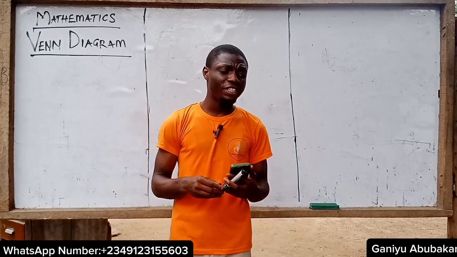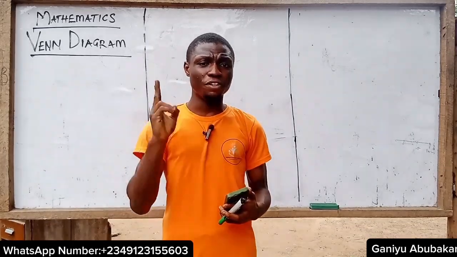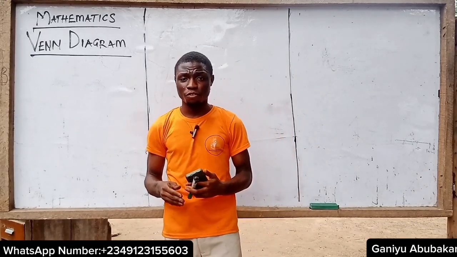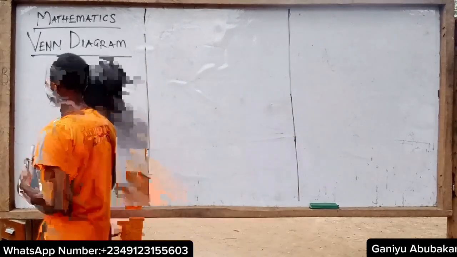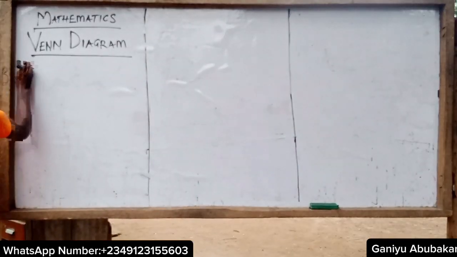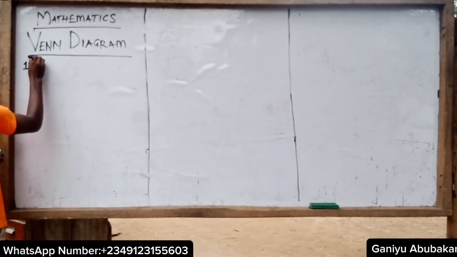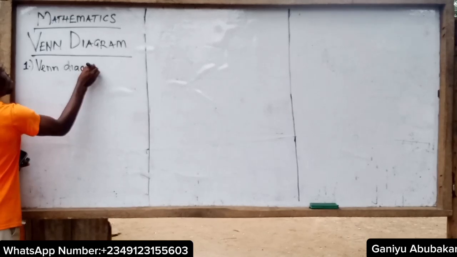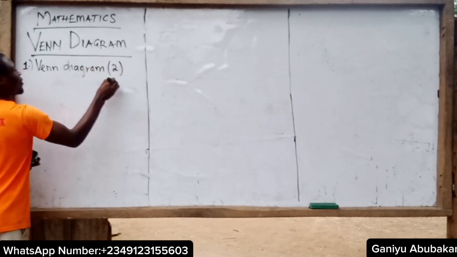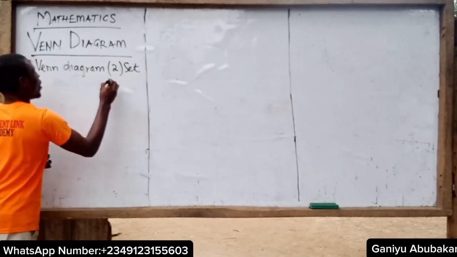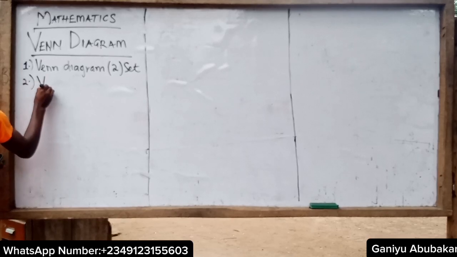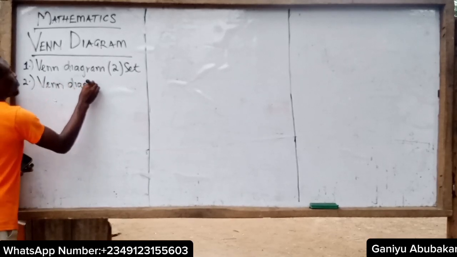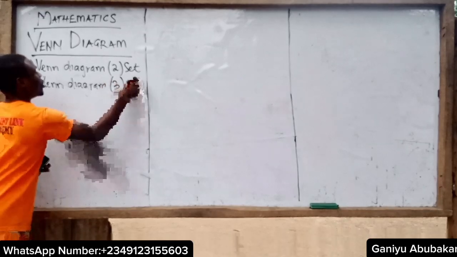When it comes to the study of Venn diagram, there are two types: the Venn diagram for two sets and the Venn diagram for three sets.